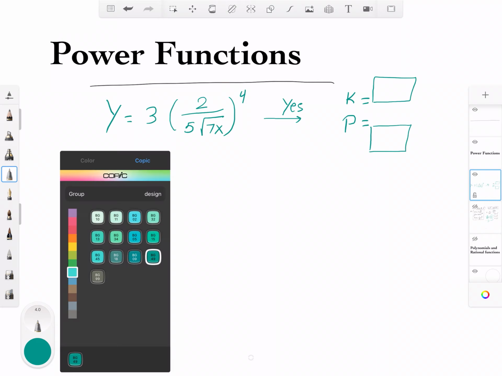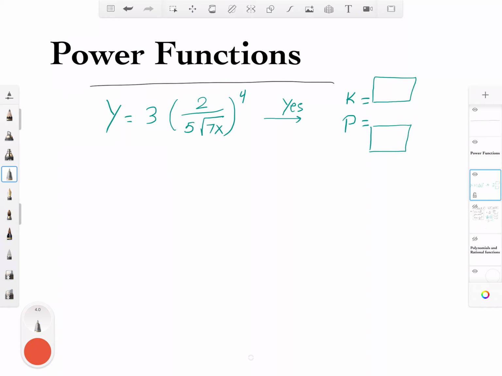So let's start. This is a multiplication. This 4 is above this parenthesis, which means I can apply the 4 to this one, this one, and the radical.